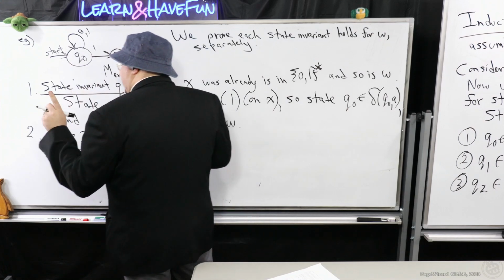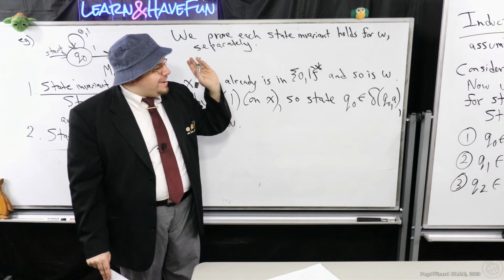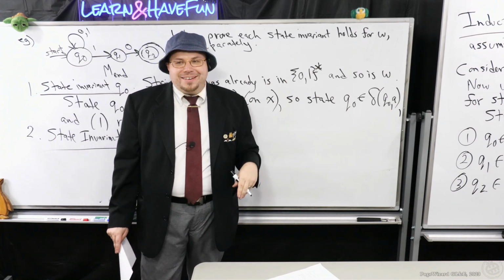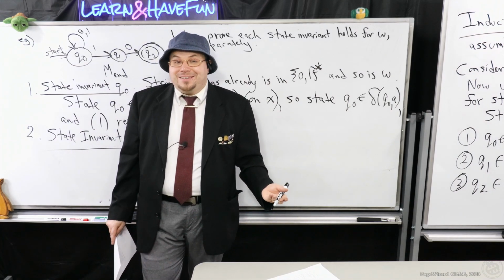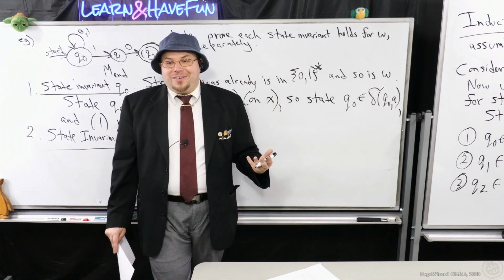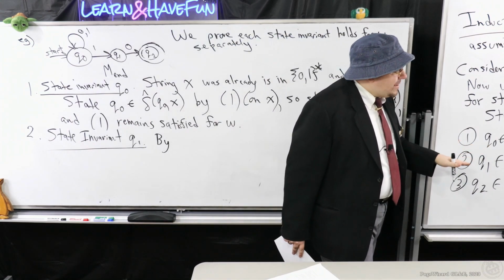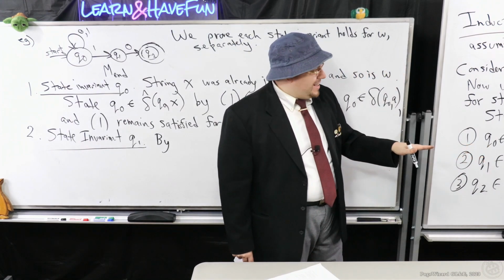But here's the kicker. We already have an invariant that tells us any binary string has Q0 among the active states. Remember, X is a binary string, right? Sorry, I'm getting really excited. Somebody's got to count how many times I said that.